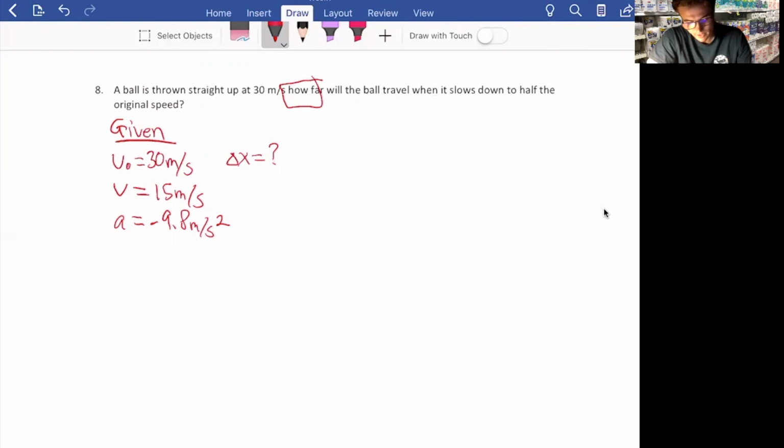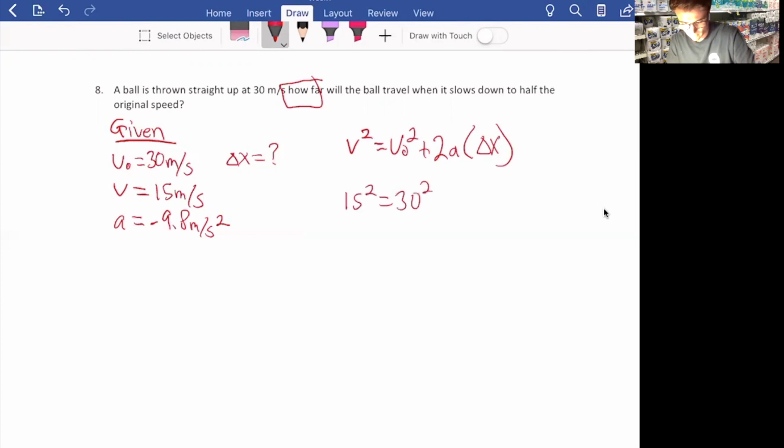The only thing we don't have is time, and that's okay, right? Because we have an equation that we can use that we don't need time. What is that equation? That's this equation. V squared equals V naught squared plus 2 times acceleration delta x. Cool, then plug and chug, 15 squared equals 30 squared plus 2 times negative 9.8 delta x.